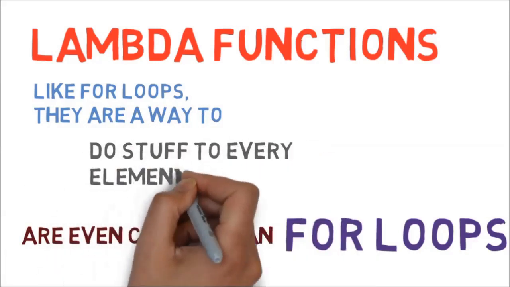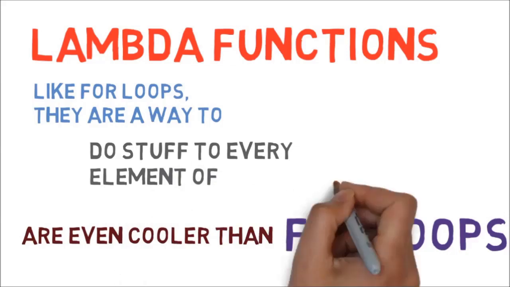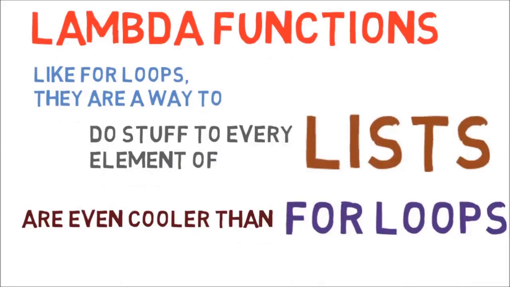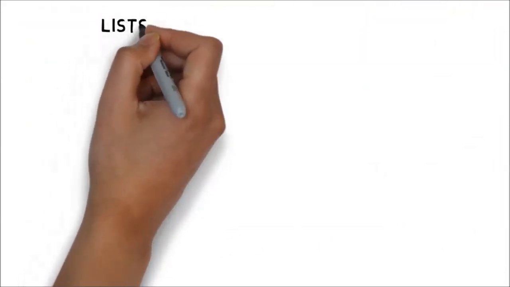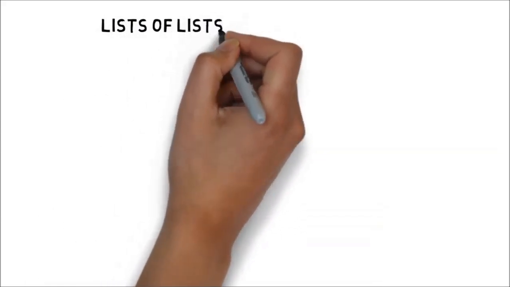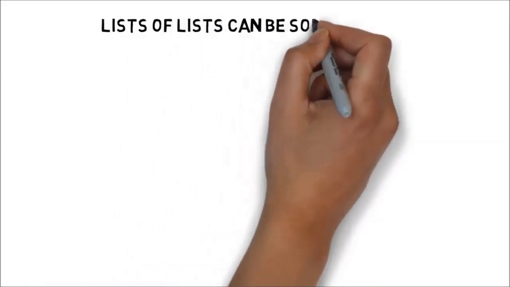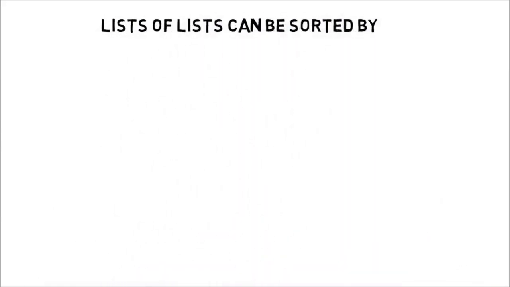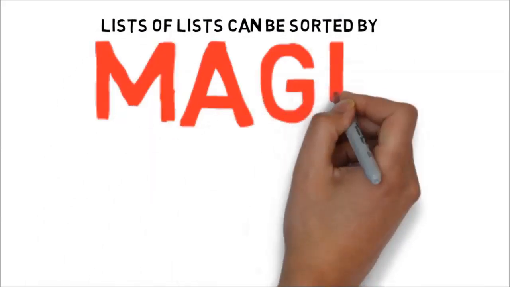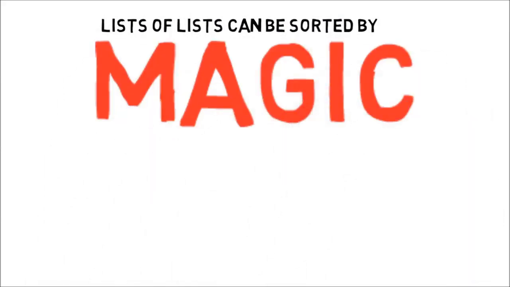Using lambda functions, you can compress the code of an entire for loop into just one line of code. They're super cool, and we will use them to do something in this exercise. What we are going to do is use a lambda function to sort a list of lists. It's like magic.